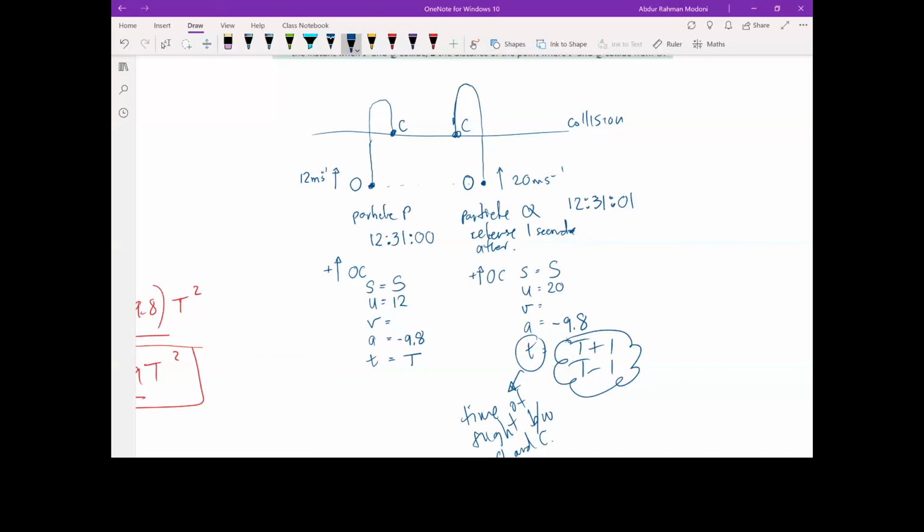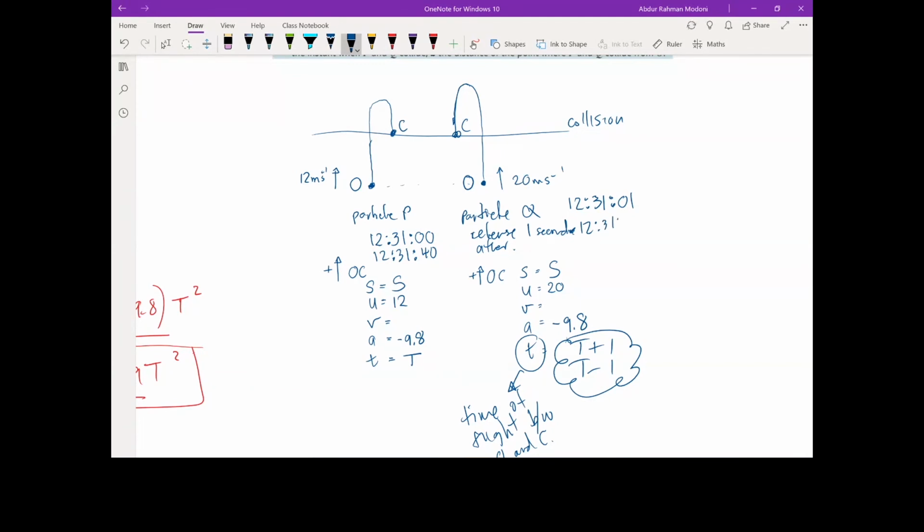Now, when they collide, if two things collide, then in terms of the clock time, they will both collide at the same time, right? So when collision happens, it will happen at the same time. Suppose it is at 12:31 and 40 seconds.